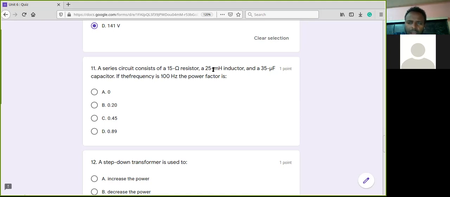And the capacitance is 35 times 10 to the power of minus 6. And the resistance is 50 ohm. XL is different from the inductor. Yeah. So why we subtract?